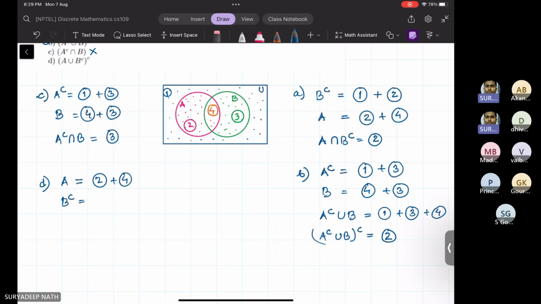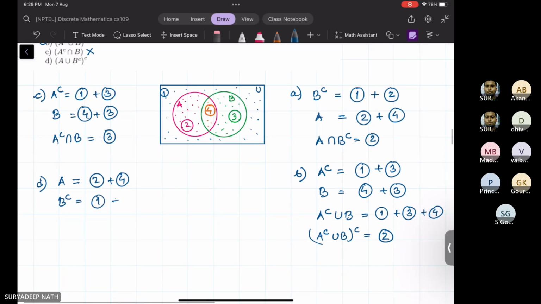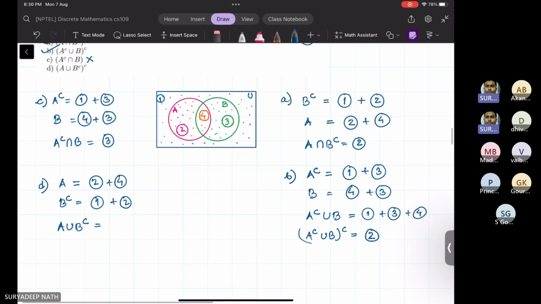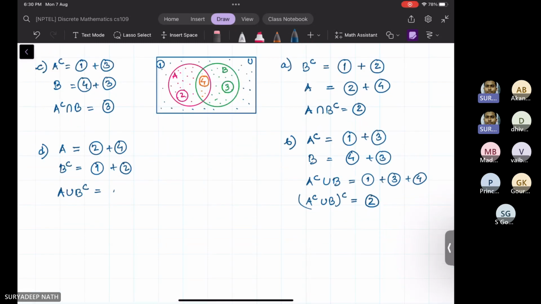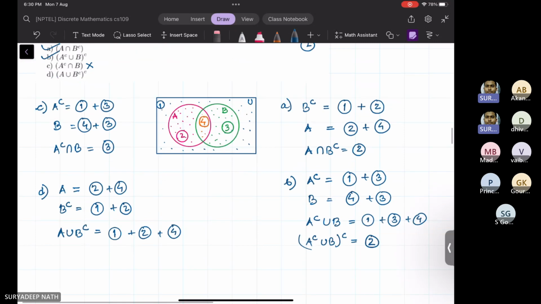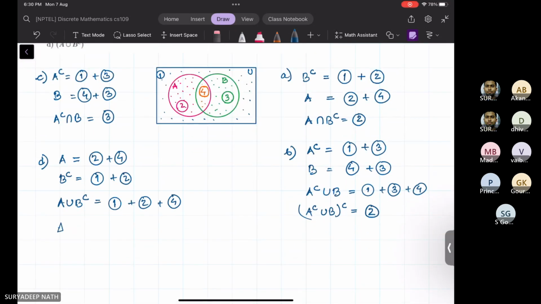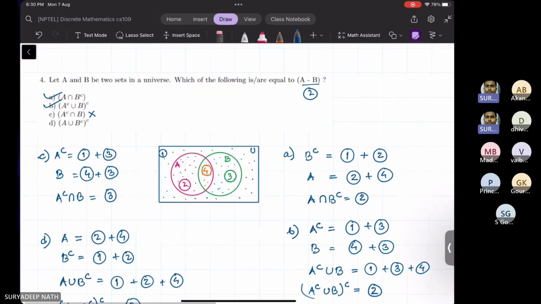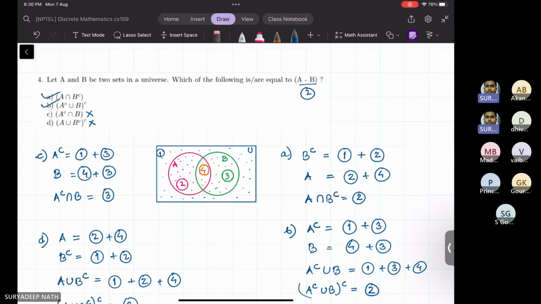B complement is 1 plus 2, and A union B complement would therefore be 1, 2, 4, and if we take the whole complement of it, we'll get 3. So which is again not correct. So the right answers are option A and B.